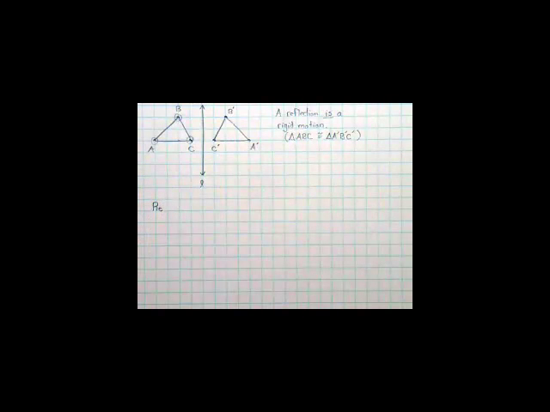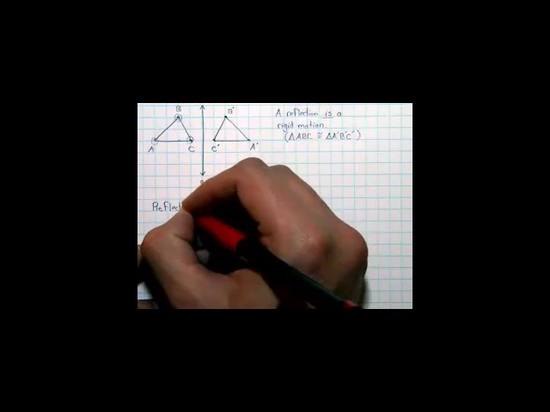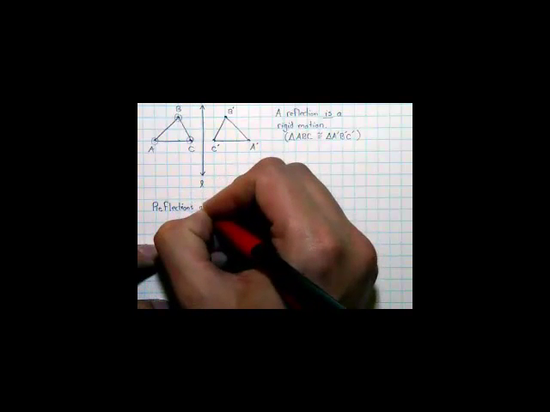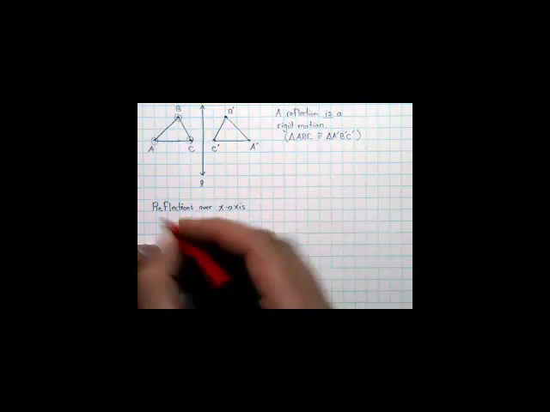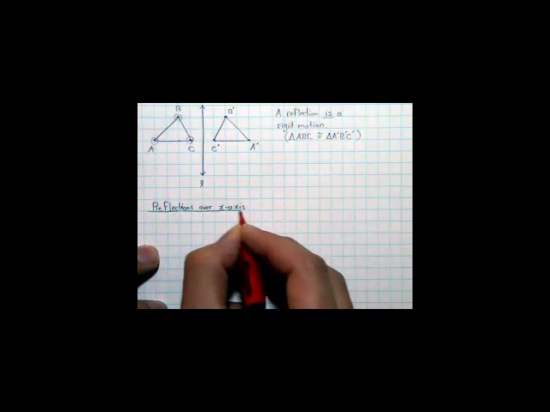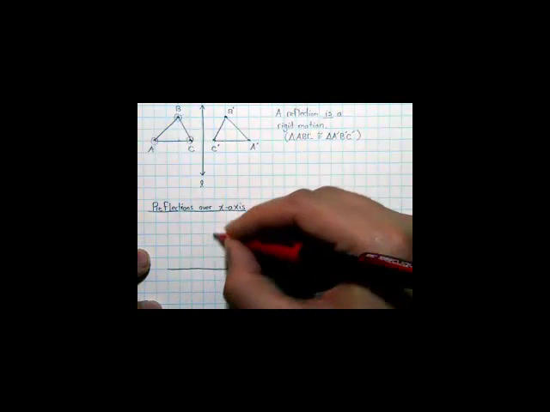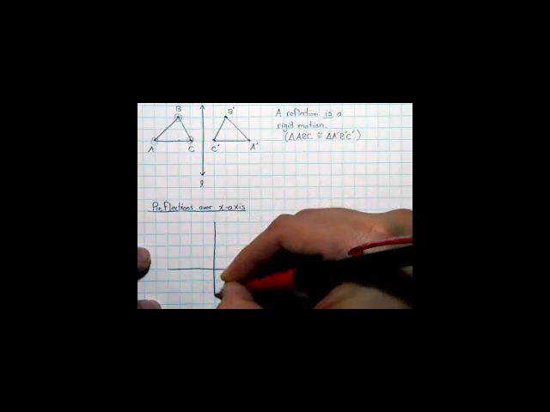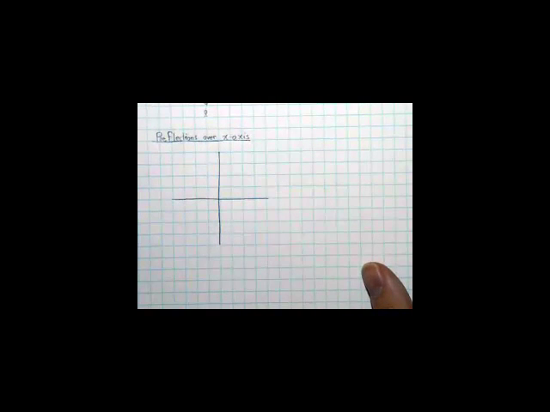Over the x-axis, or a horizontal line, over the y-axis, or vertical line, and then we're going to look at diagonal lines too. Okay, so we're going to start by just looking at what if we do some reflections over the x-axis.